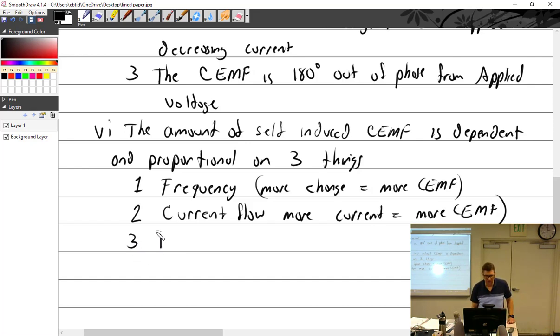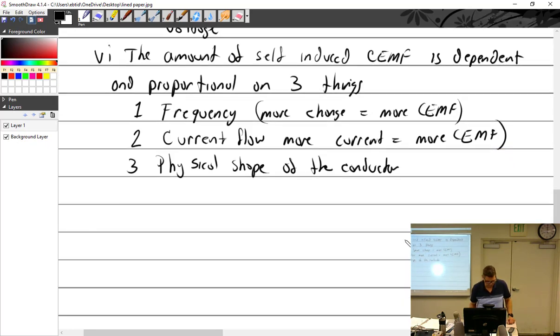Also, the physical shape of the conductor. Is the conductor straight?